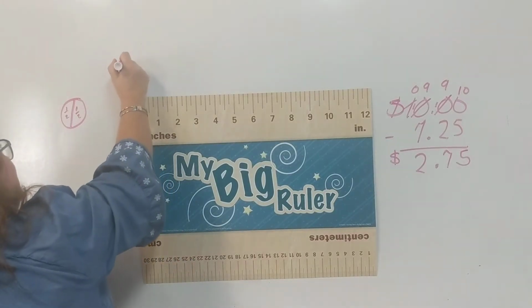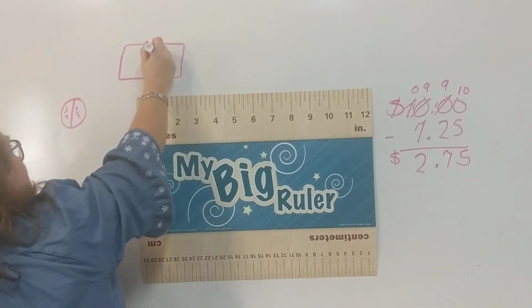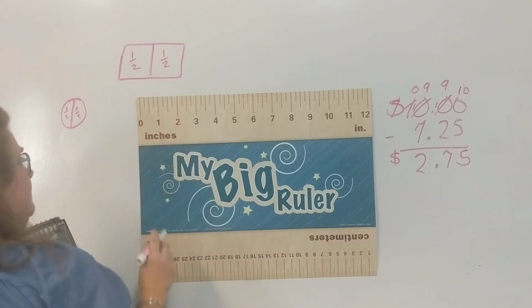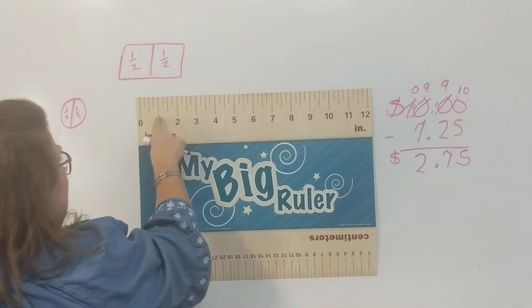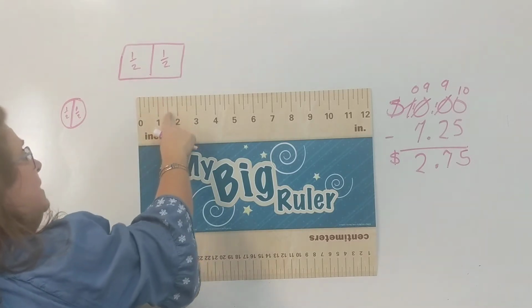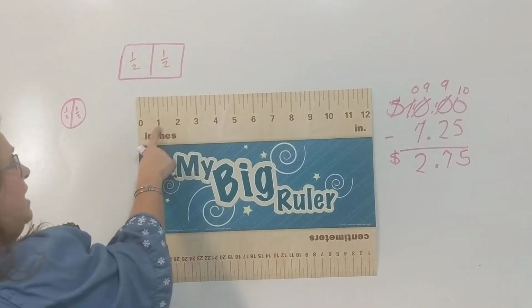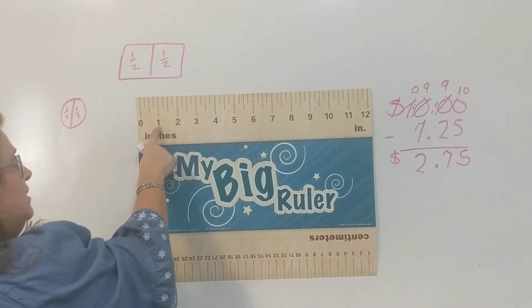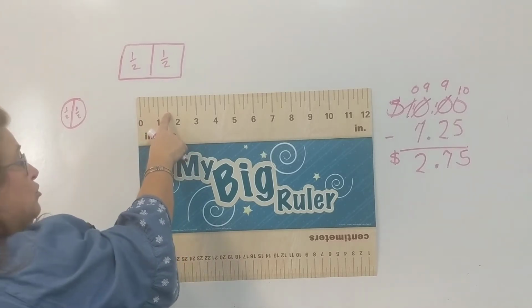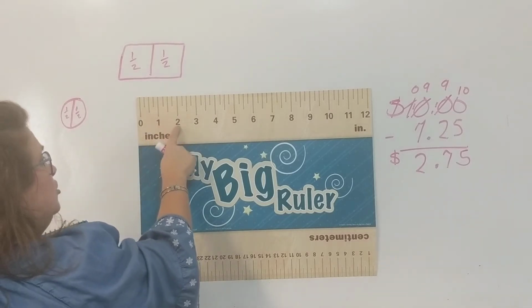If we take a rectangle and we divide it right in the middle, this is a half, and this is a half. So remember, this line that is just a little bit shorter than our inch lines is right in the middle of our 2 lines. So if I come to here, I would say 1 inch. If my line comes out to the line that's just a little bit shorter, I would say 1.5 inches. 2 inches.